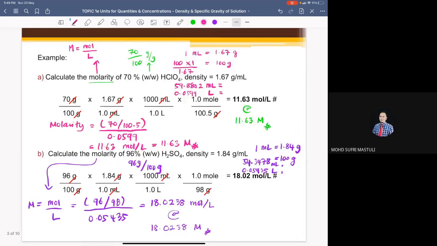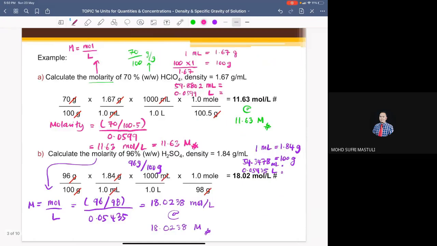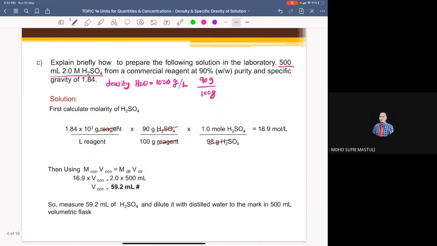So specific gravity is density of substance over density of water. So now you are given the specific gravity times 1000 gram per liter.